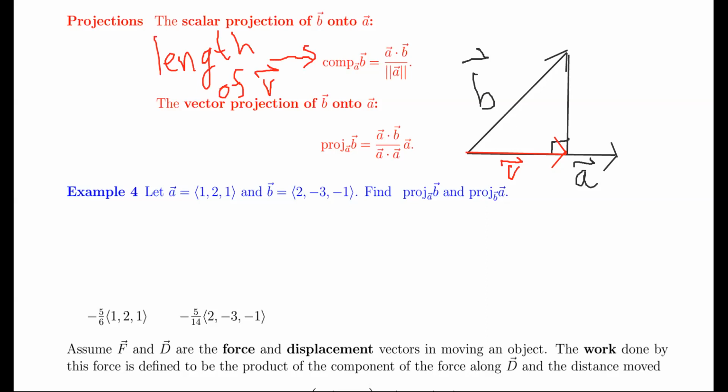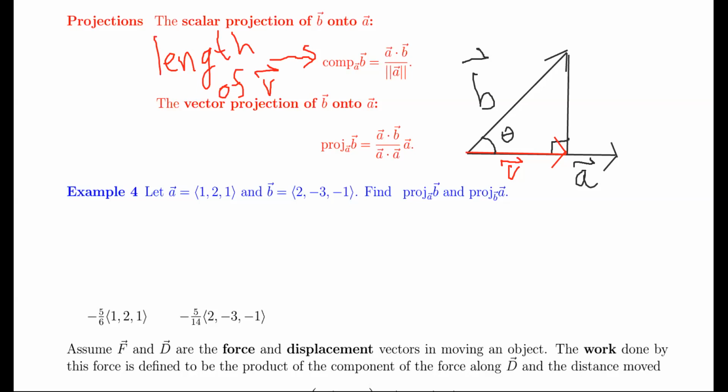So how do we calculate the magnitude of V? Well, this is a right triangle, so we just use the trigonometry that we know. So we have some angle here, theta, and cosine of theta is equal to adjacent over hypotenuse.